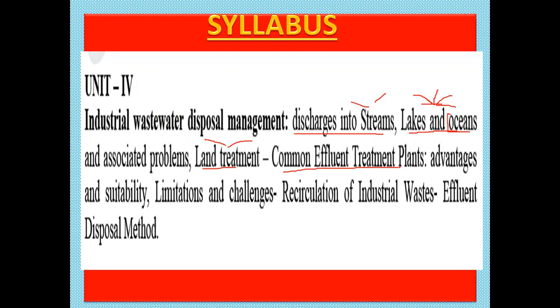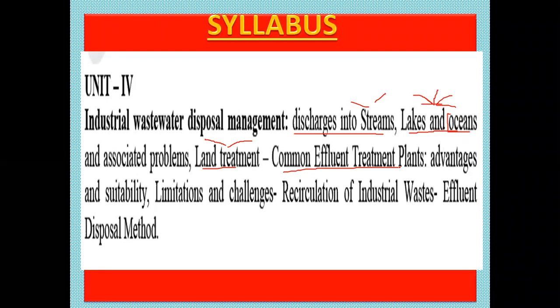Then you have to take any industry which is very easy for you, for example a textile industry, or a sugar pulp industry, or a paper industry. You have to write the basic manufacturing process, how they are going, and you have to describe the advantages, disadvantages, and limitations.